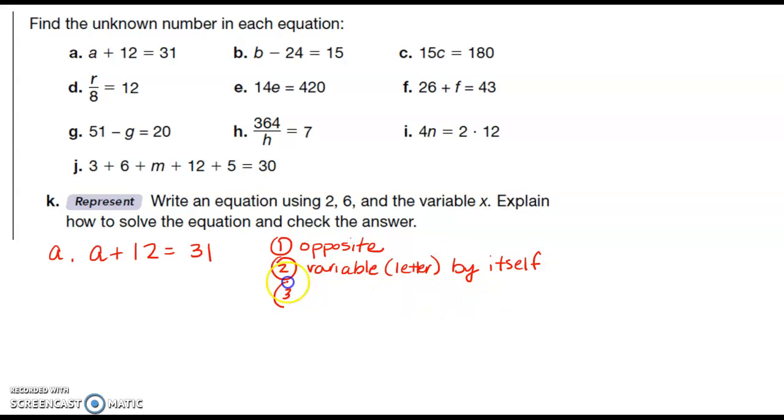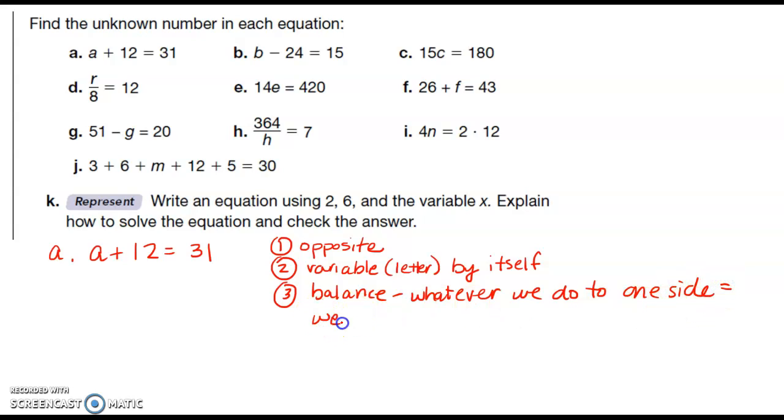And the third thing is balance. Whatever we do to one side of the equals, we have to do to the other. This will make more sense as we go along, but you'll want to write that down. If you need to pause this, that's fine.